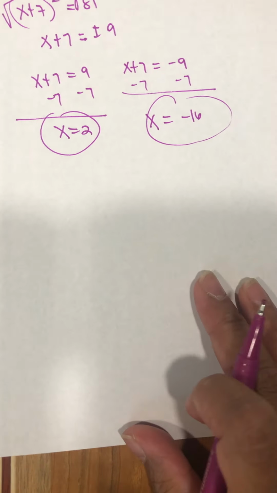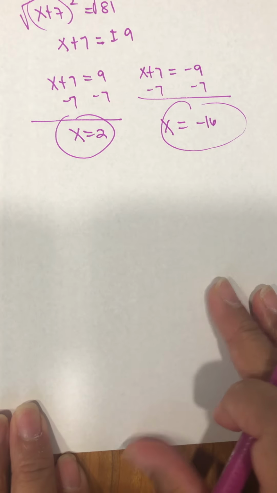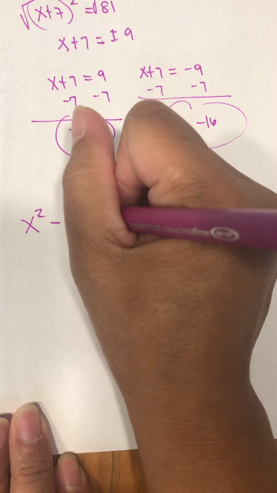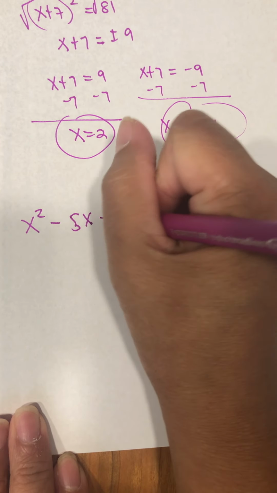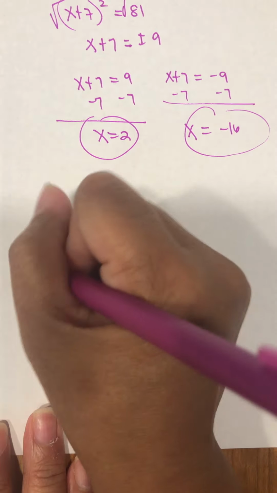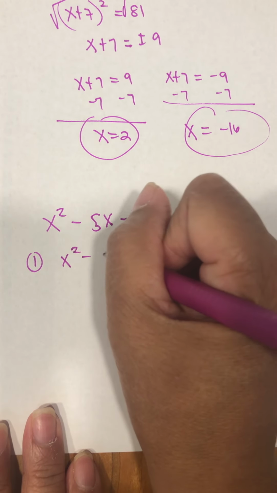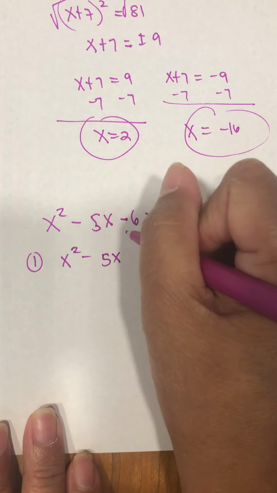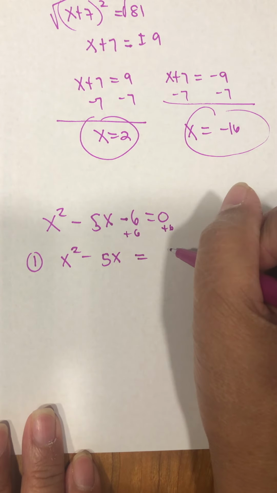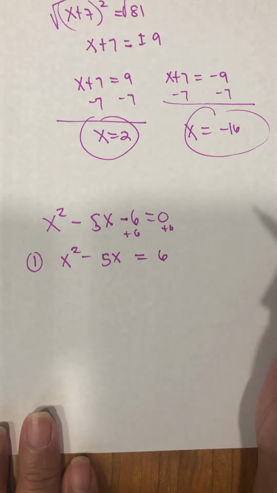Okay, last one on this page would be x squared minus 5x plus 6 equals 0. Again, step 1 is we move the constant to the other side, so it's equal to negative 6.